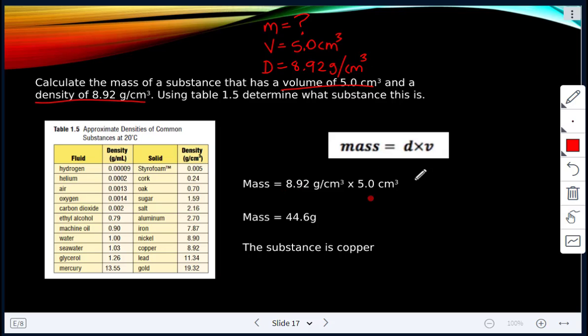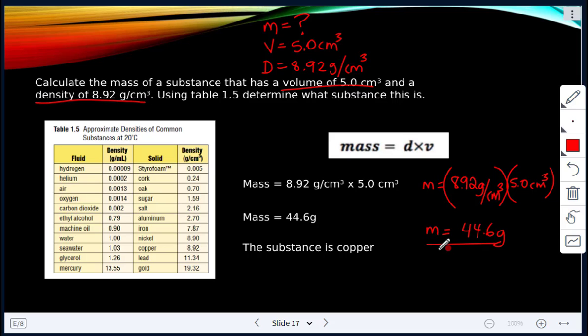So mass will be density, which is 8.92 grams per centimeters cubed, and we're going to multiply that by 5.0 centimeters cubed, which is our volume. You would put this into your calculator to calculate your mass, and we get our mass of 44.6 grams.